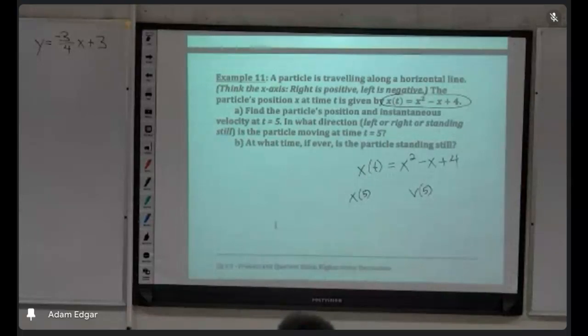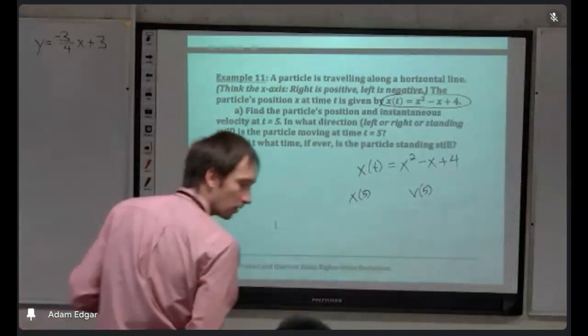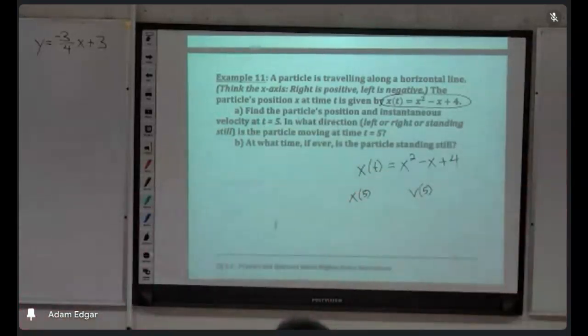There you go. That's going to change your velocity. That's what you want. So that's velocity.